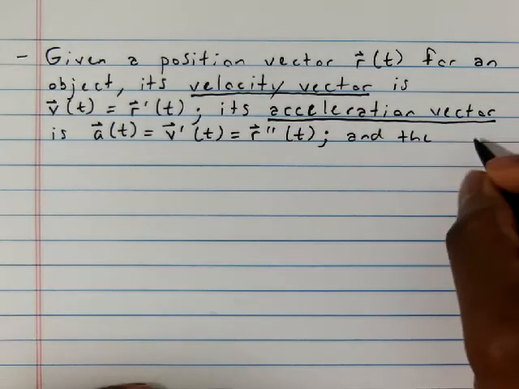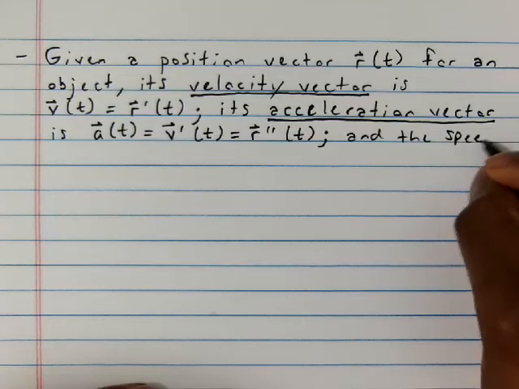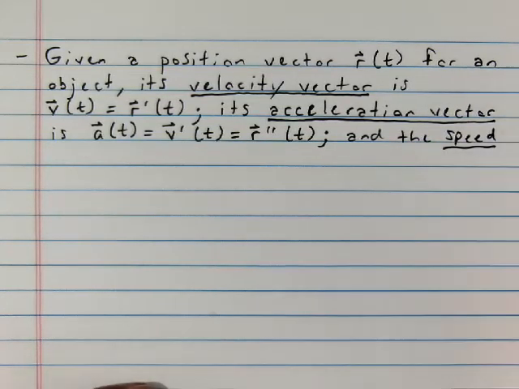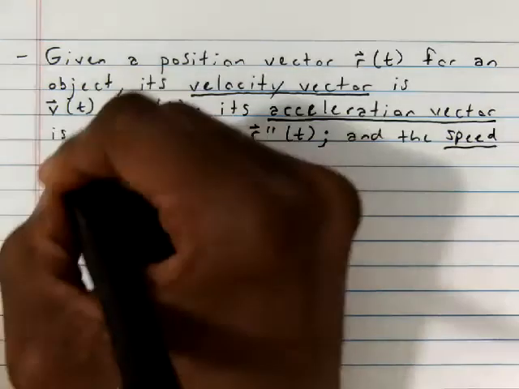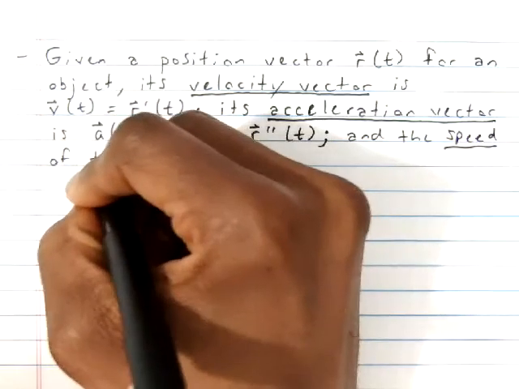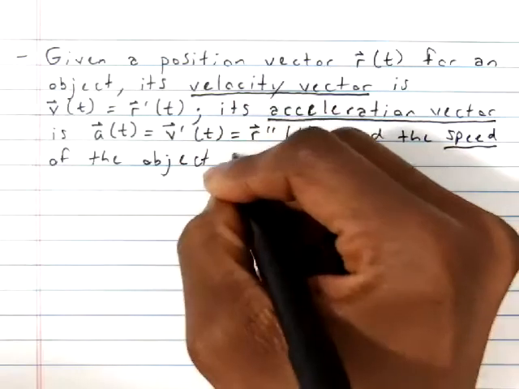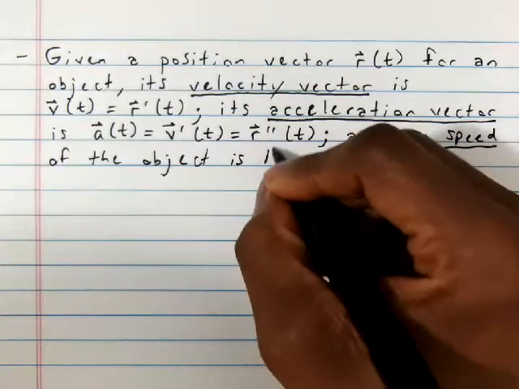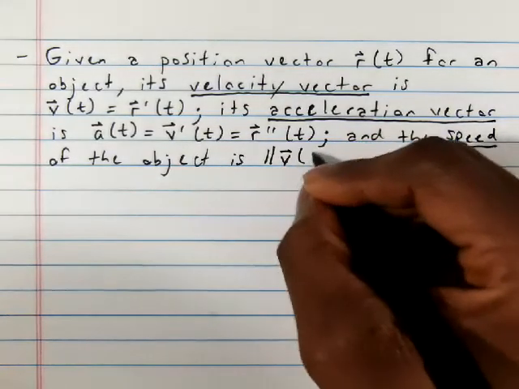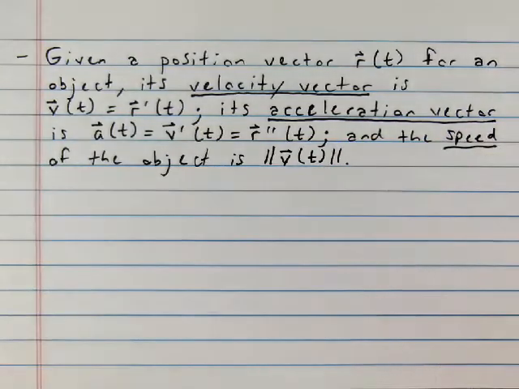And the speed of the object is the length, the magnitude, of velocity.